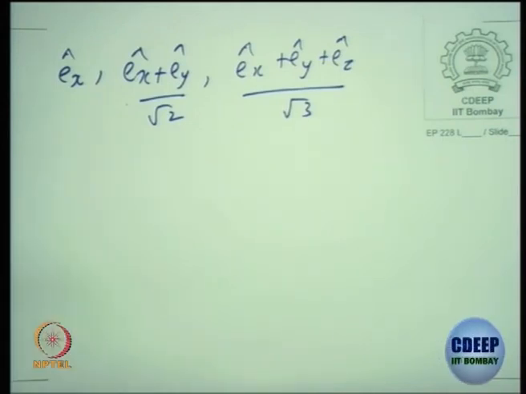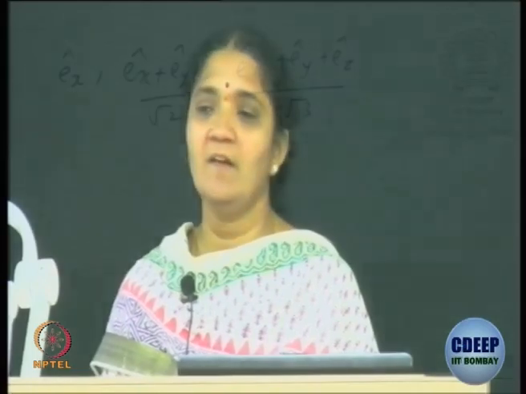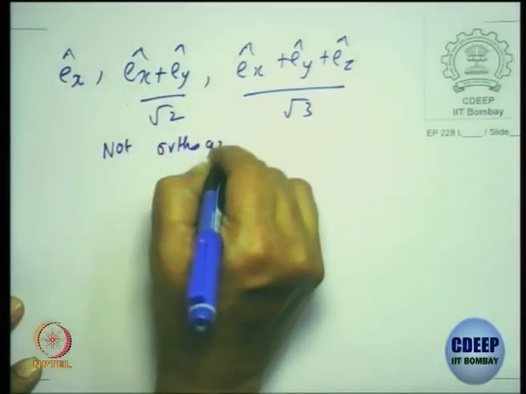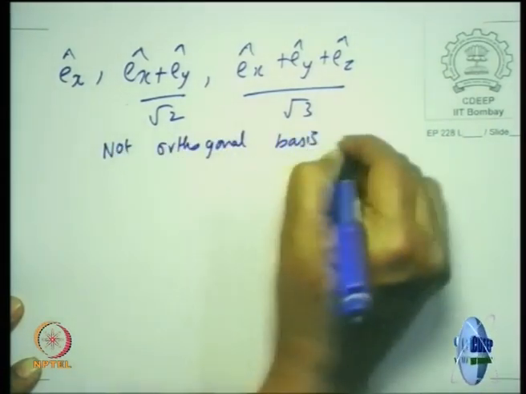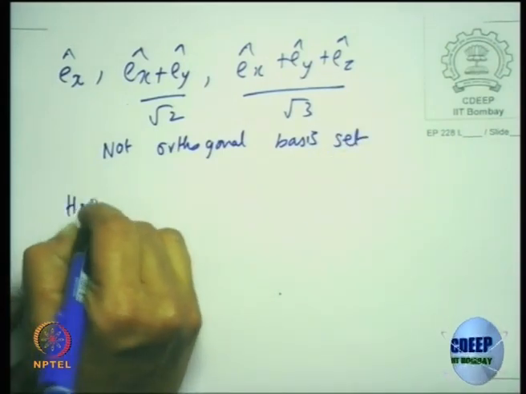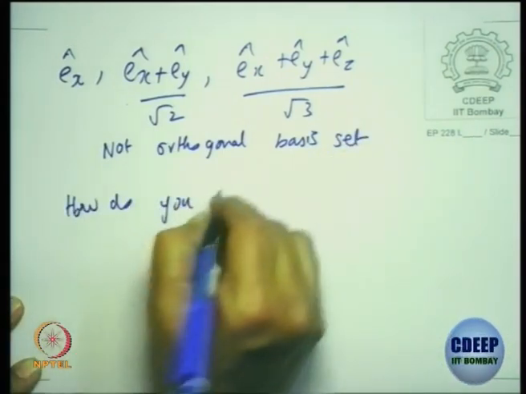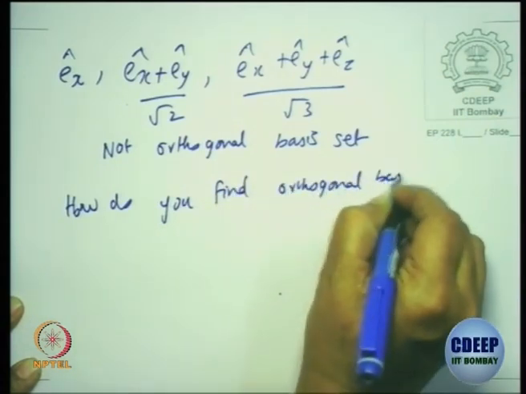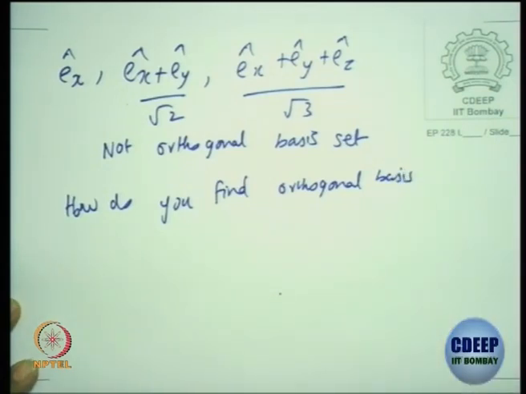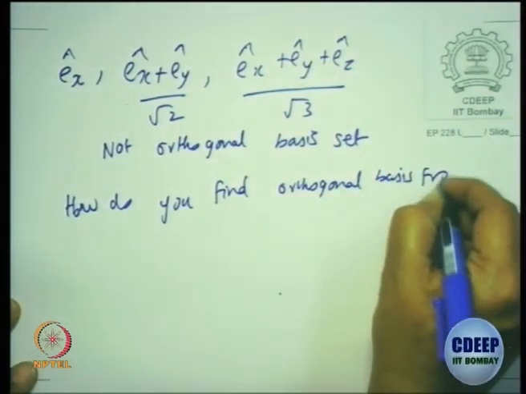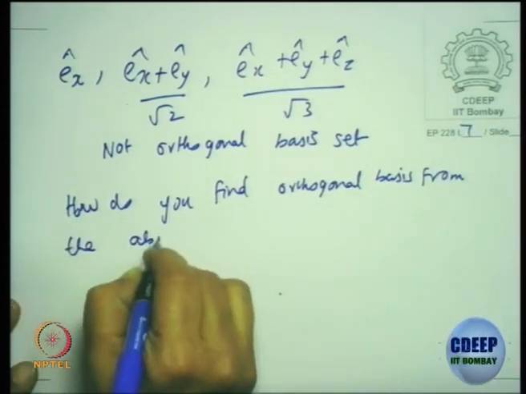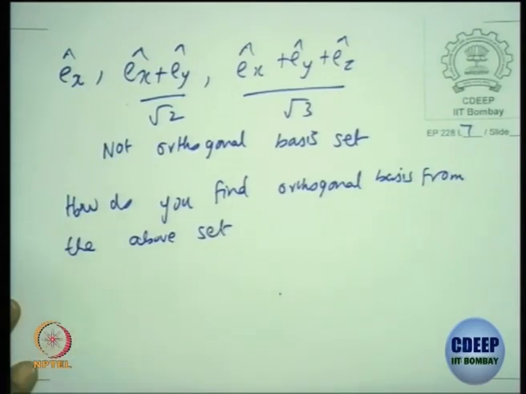And how do you go about finding the orthogonal set? So this is not an orthogonal basis. How do you find an orthogonal basis from the above set? This is your familiar procedure.